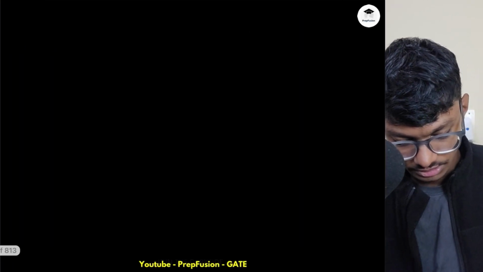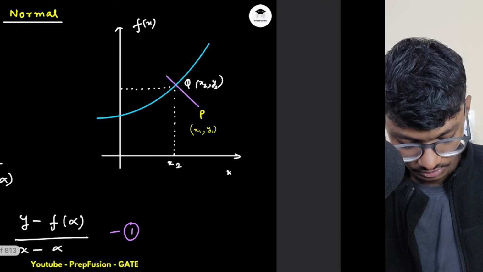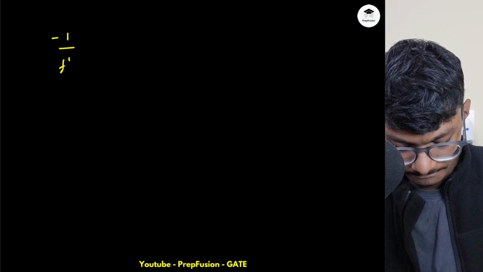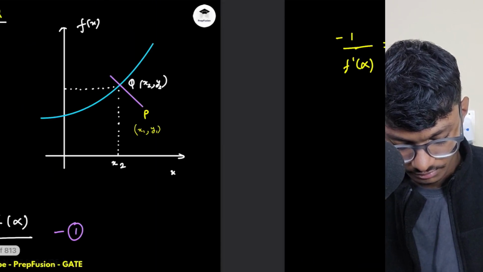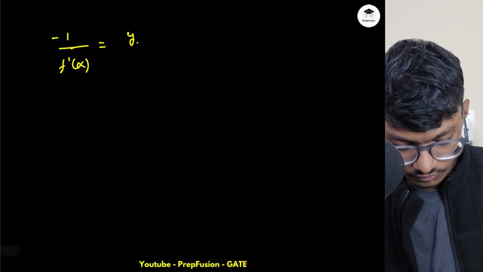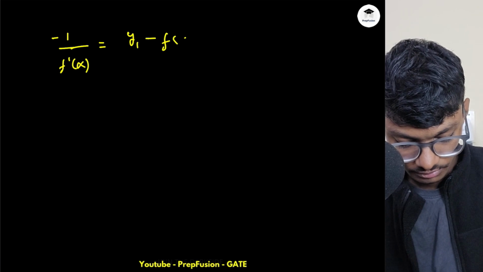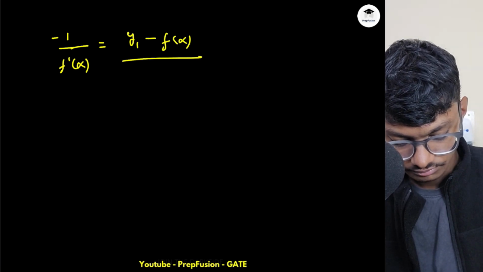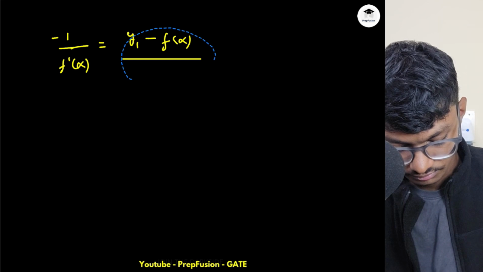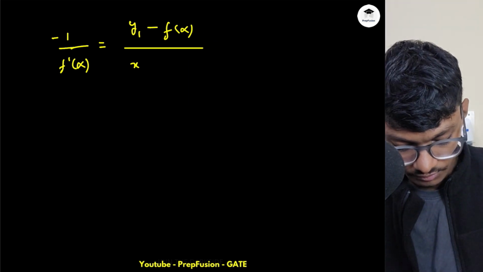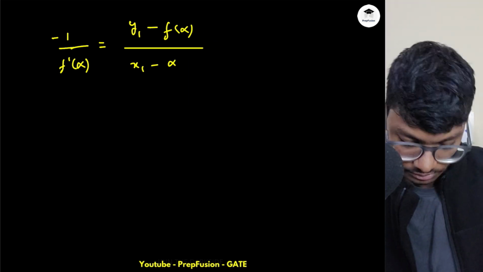The second equation: -1 by f dash of alpha equals y1 minus f of alpha divided by x1 minus alpha.